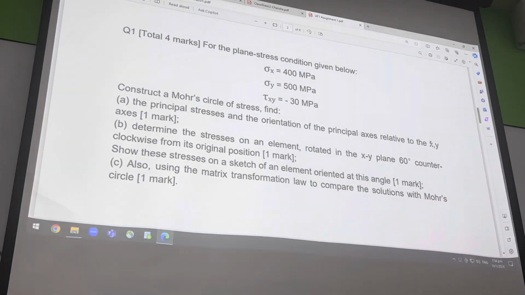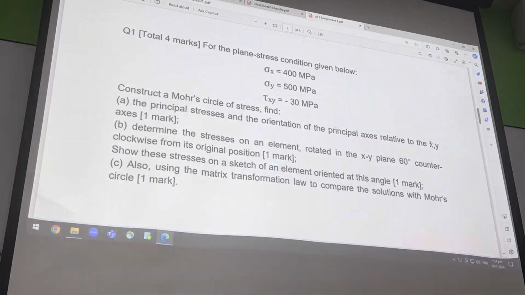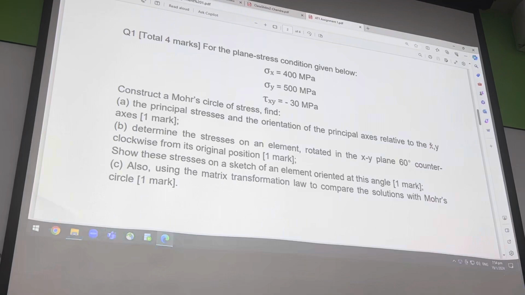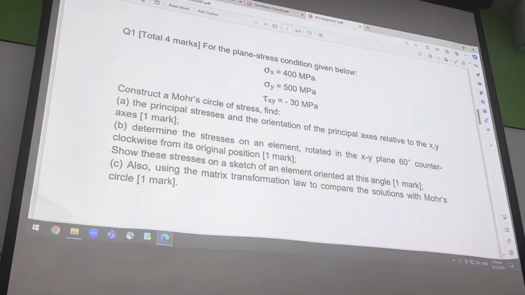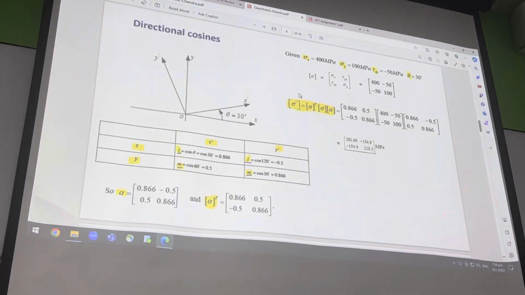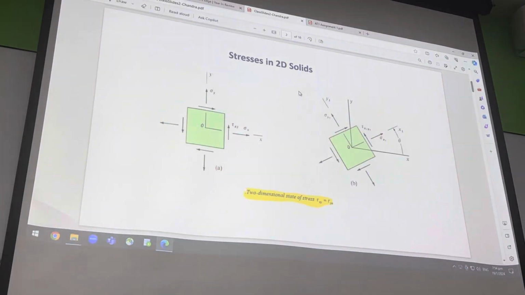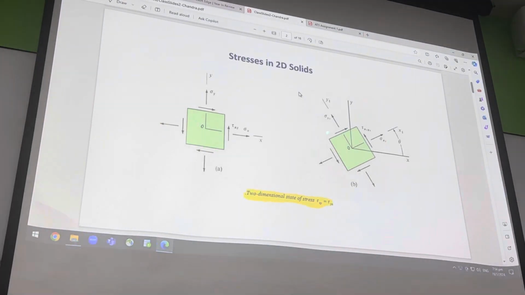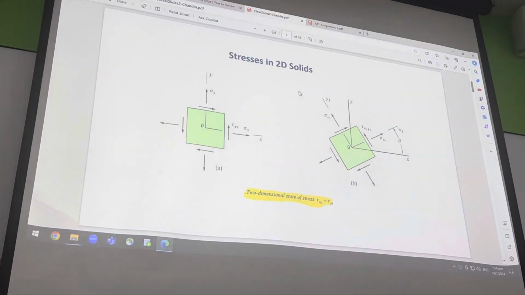You can just refer back to your solids assignment, so you know how to represent the transformed state of stresses. I have just shown you something like this earlier. So you need to show something like this, with the original values.